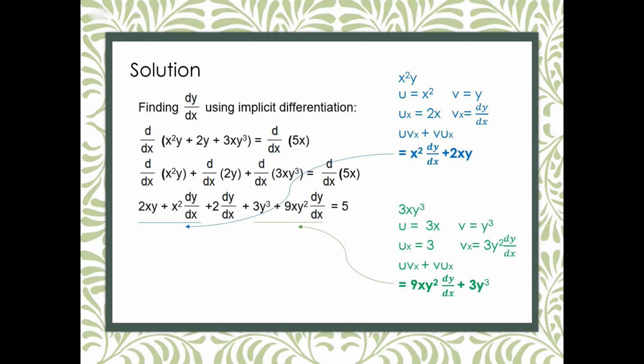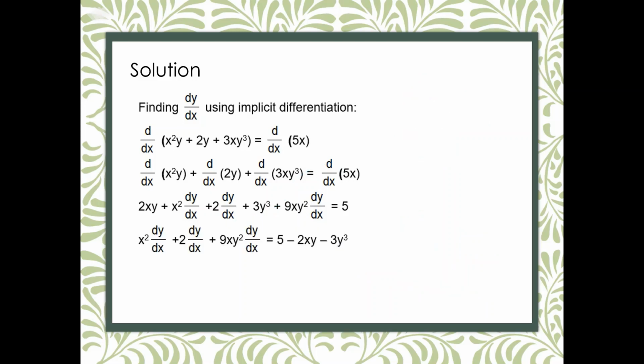Differentiate 2y with respect to x, the answer is 2 dy over dx. Differentiate 3xy cubed with respect to x. Using product rule, the answer is 3y cubed plus 9xy squared dy over dx. And differentiate 5x with respect to x, the answer is 5.